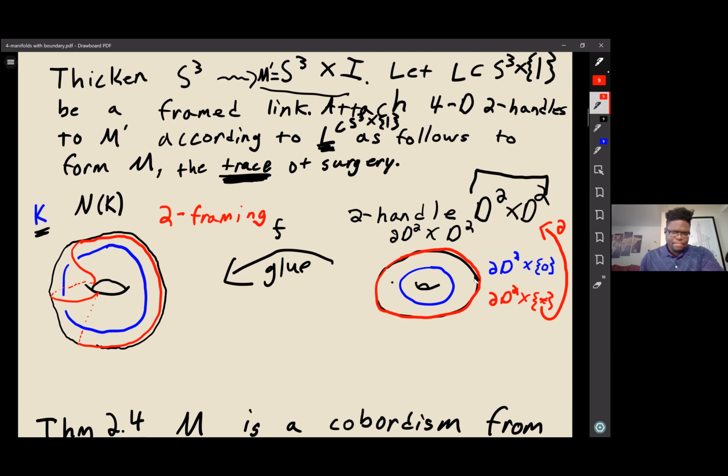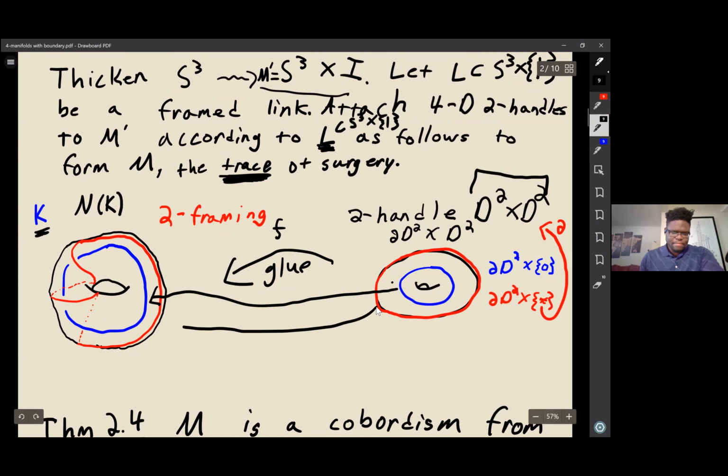And so the way we're going to glue this torus in is we're going to send the blue component to the blue component and the red component to the red component.